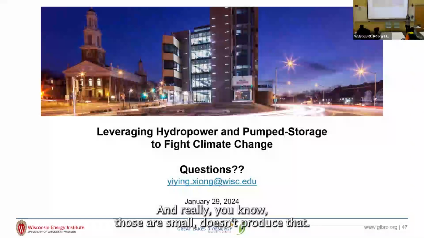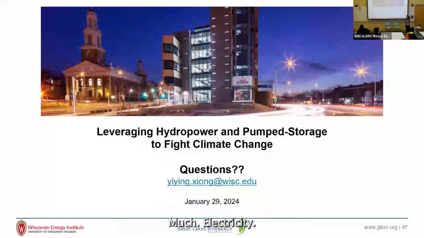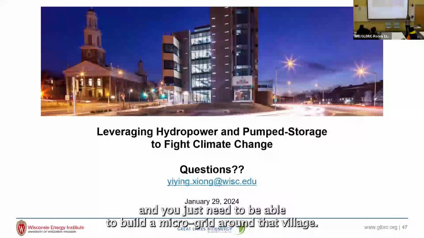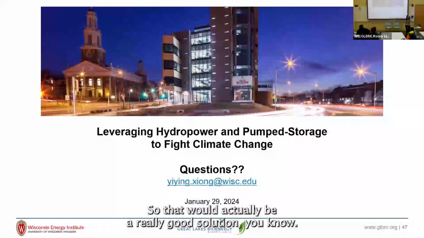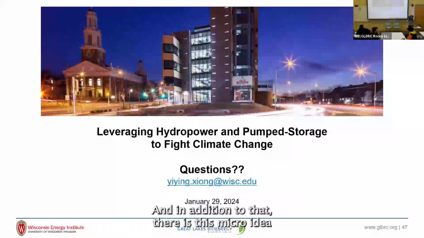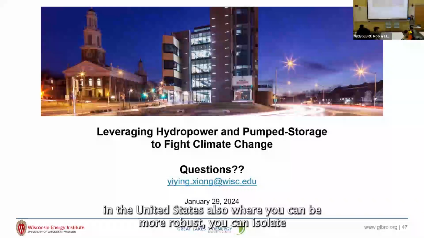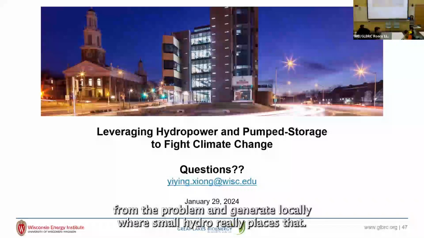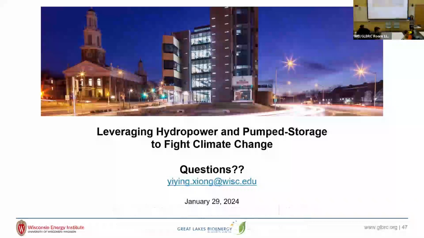And really, those small hydro don't produce that much electricity. If they can supply a whole village, that's the best. And they just need to be able to build a microgrid around that village. So that would actually be a really good solution. And in addition to that, there is this microgrid idea in the United States also, where you can be more robust. You can isolate from a problem and generate locally, where small hydro really is the basis of that.